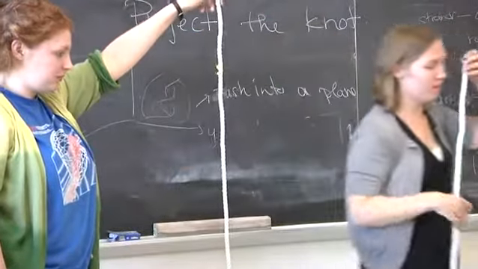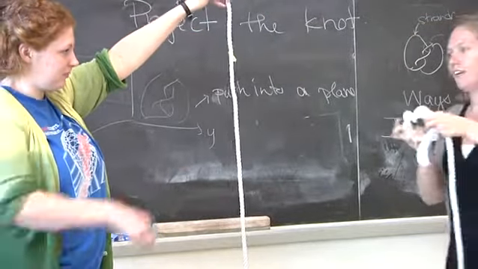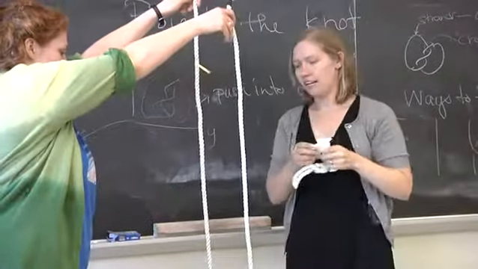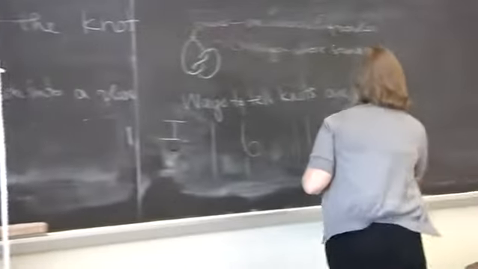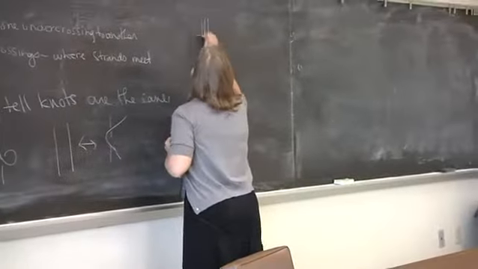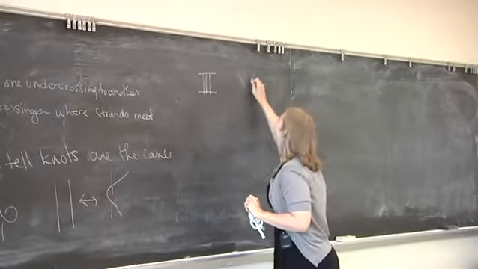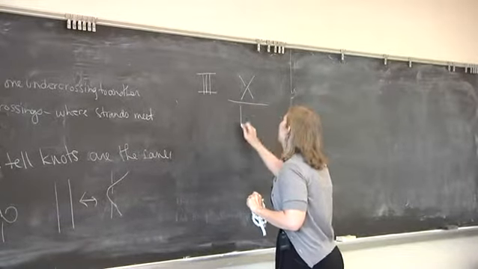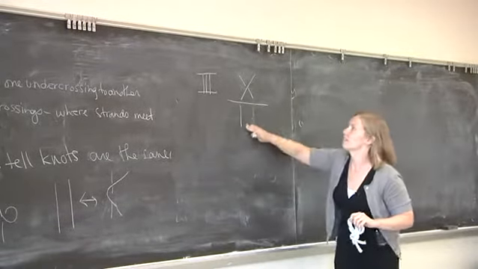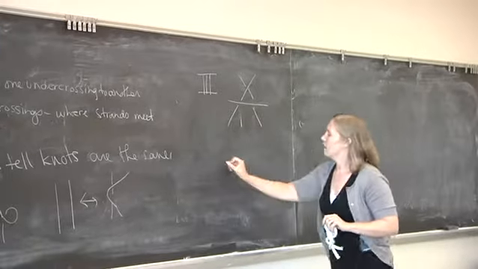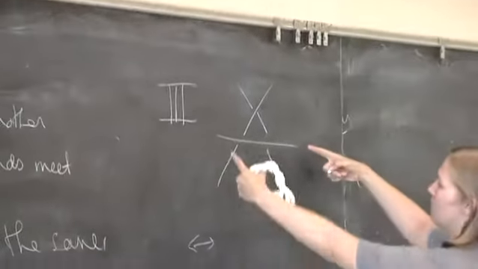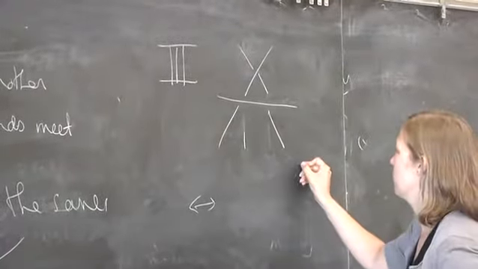And then a Reidemeister 3, so both of your hands are going to have to get involved. So you take 2, let me draw a picture of it. You take 2 strands that are crossing, and you have this other strand that crosses. And that's the same as if I take this strand and move it up across the crossing.